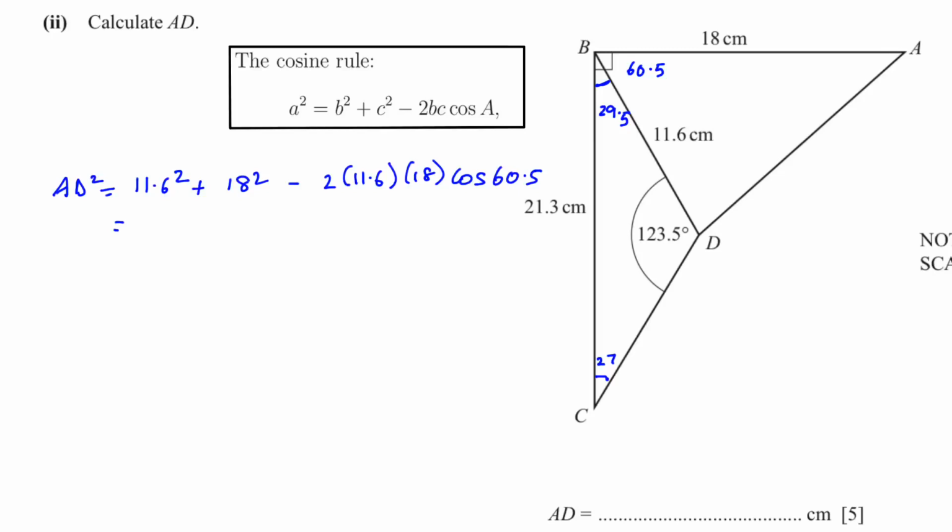This will give us 252.92. Write more numbers after the decimal so you get an accurate answer. Therefore, AD is equal to the square root of 252.9239, and we will get 15.9. So AD is 15.9 centimeters.